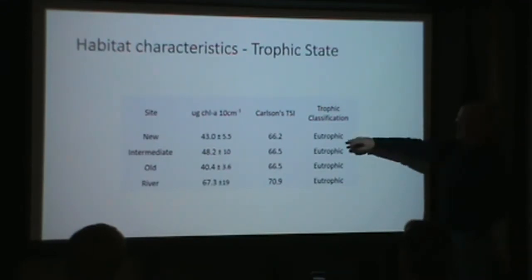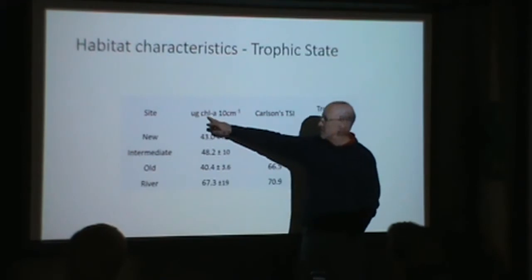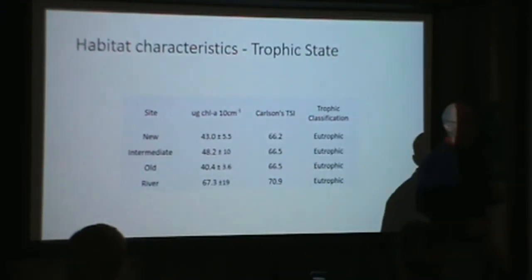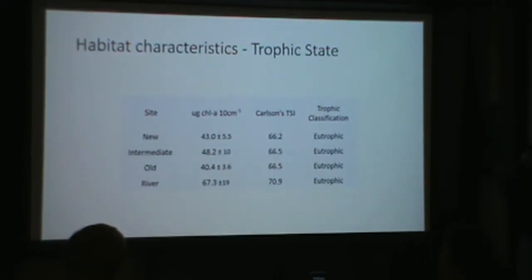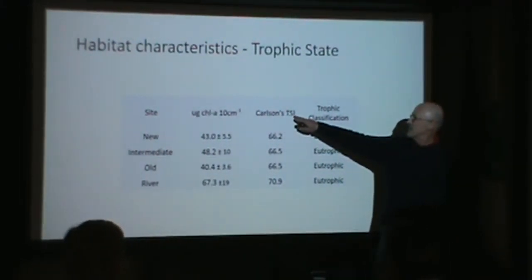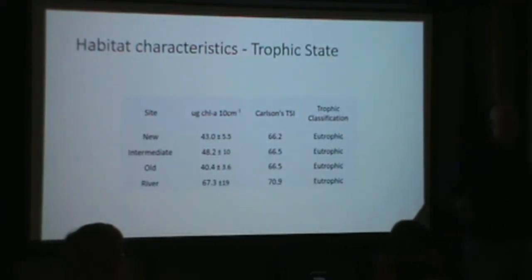Another interesting parameter is the chlorophyll concentration. We measure chlorophyll concentration in the water, which is an indication of how much phytoplankton is in the water, because chlorophyll is in the phytoplankton. And there is this trophic state index proposed by Carlson. You may have heard of it. Carlson's trophic state index, proposed in the 70s, is still very much in use.